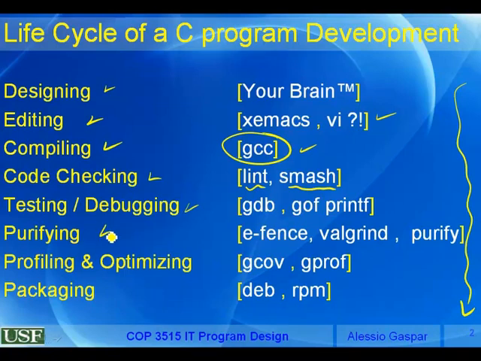The next step, purifying. Once again, different tools. I just give you names here for your culture, but the code purification step is actually a way to compile your program, generate an executable, and introduce in that executable some instrumentation, some extraneous code, which is going to just check things during execution.